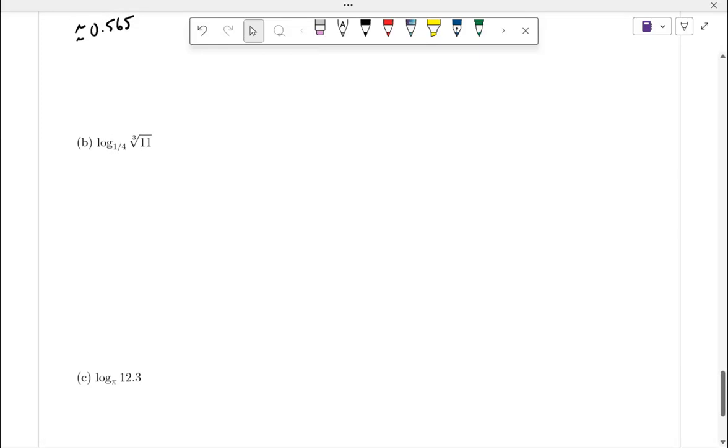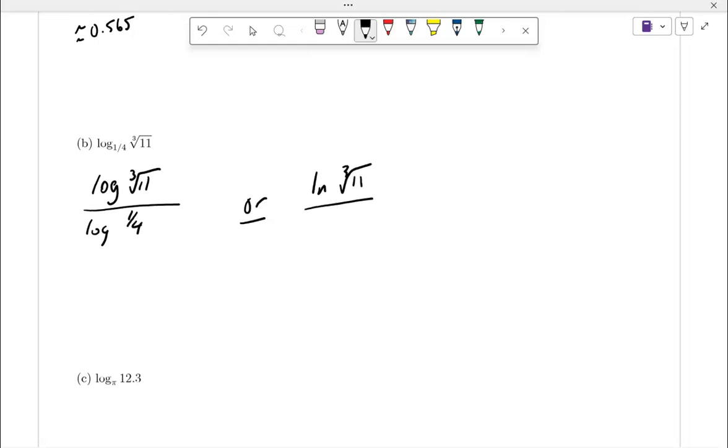Same idea on any of these. It doesn't matter what it is. For the next one, you could write it as LOG of the cube root of 11 over LOG of 1/4, or ln of the cube root of 11 over ln of 1/4, either or.